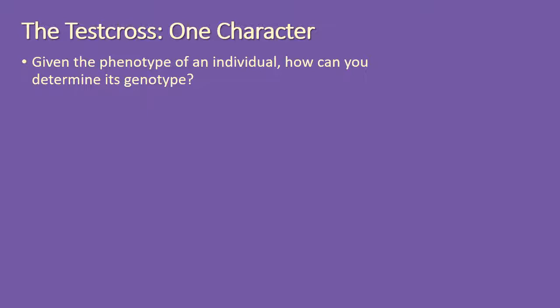If you take two heterozygotes and cross them, you get that 3-to-1 phenotypic ratio. Well, how can you tell? Let's just say you've got a tall plant and a short plant, and you want to cross them. How do you know what the genotype of that tall plant is? Of course, you know that the short plant is homozygous, because if it's showing the recessive trait, it has to be homozygous. But what about that dominant one?